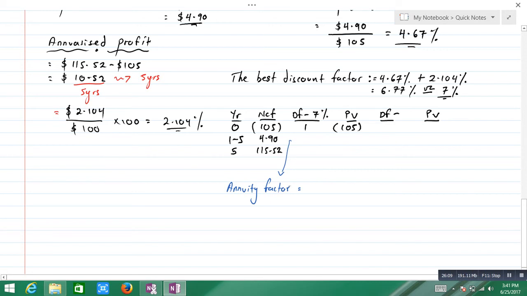So 1 minus 1 plus 7%, power of negative 5, over 7%. That will give you 4.1. I'll show you one the next. You guys do it by yourself later on when you want to try this question.